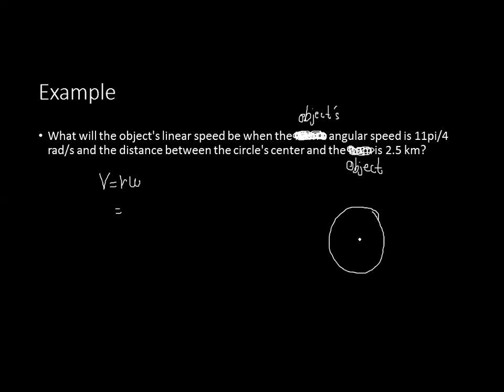Meaning, if this is the center, at this part here, the object, they're just 2.5 kilometers away from each other. Therefore, the radius is 2.5 kilometers times your W, which is the angular speed, 11 pi all over 4 radians per second.